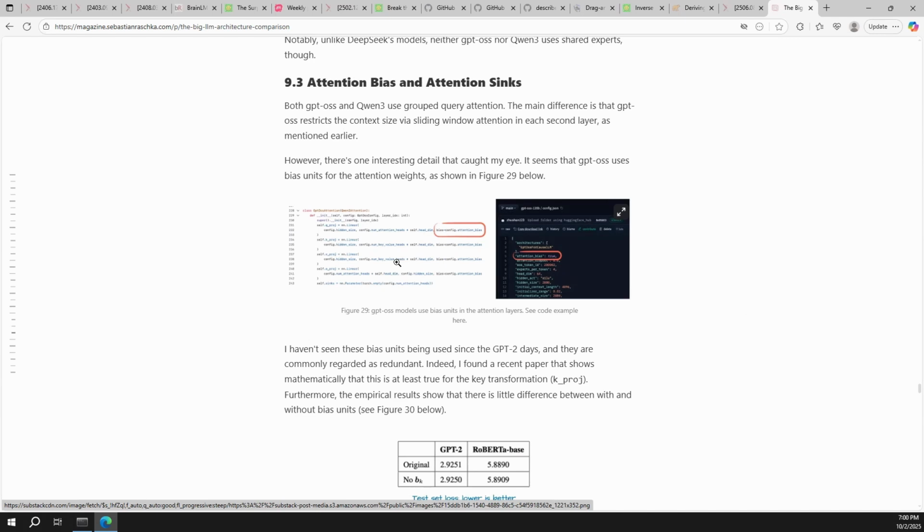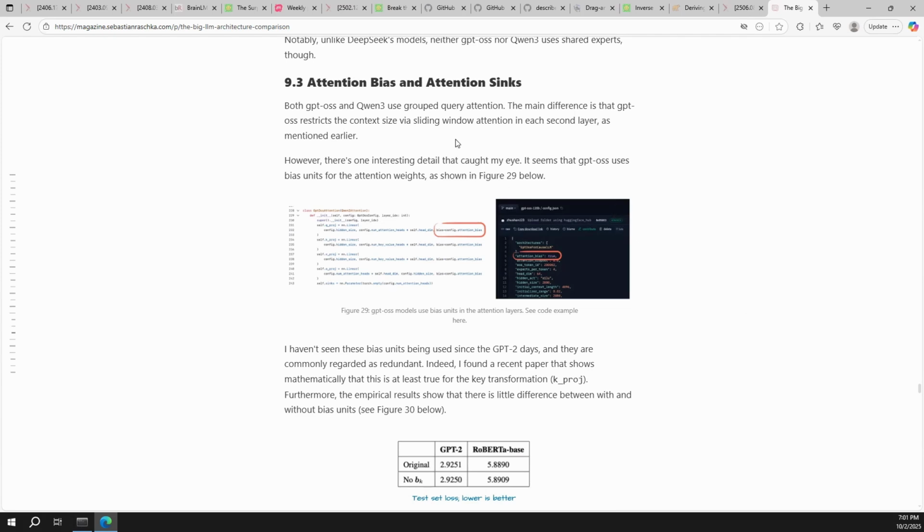So I know Llama has a beginning of sequence token, and that allows attention to go to just that one token instead of any of the actual meaningful tokens in your text.